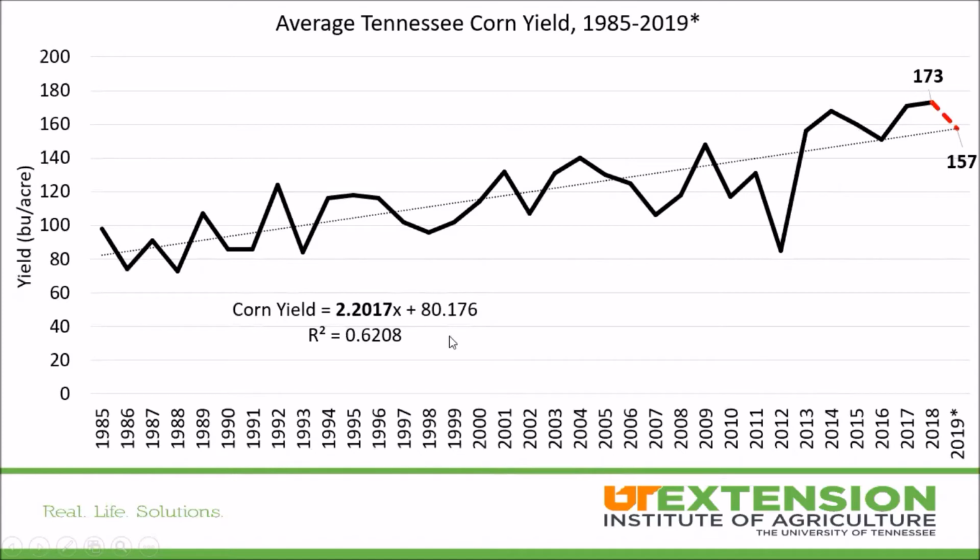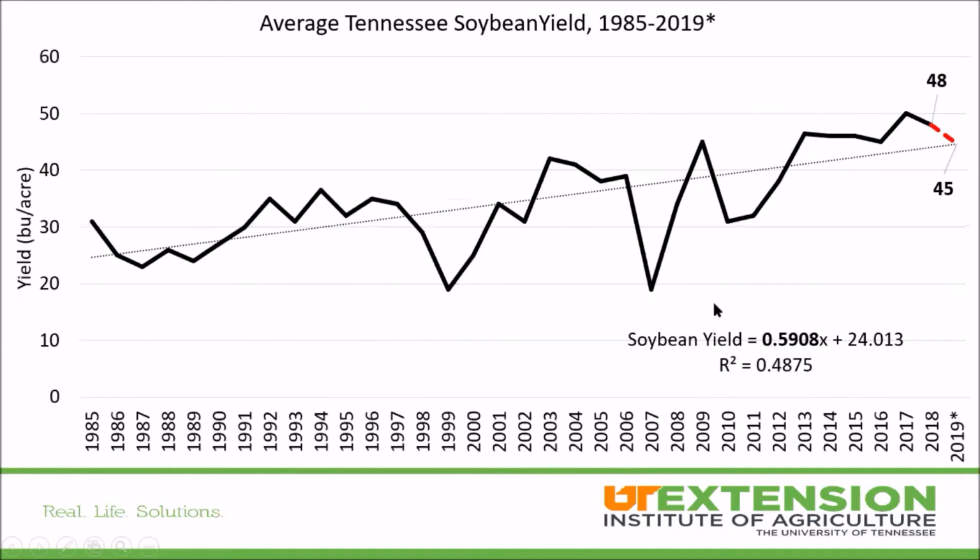But the better way to look at it is over a 10-year period. In order to stay at the average, you want to be increasing production by about 22 bushels per acre over 10 years. That's just a rough estimate, but we are seeing, with these improved technologies and production methods, a very strong yield response over time.